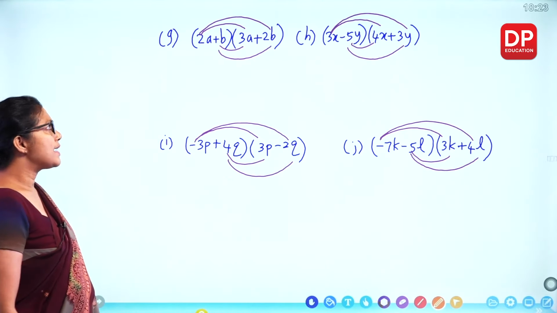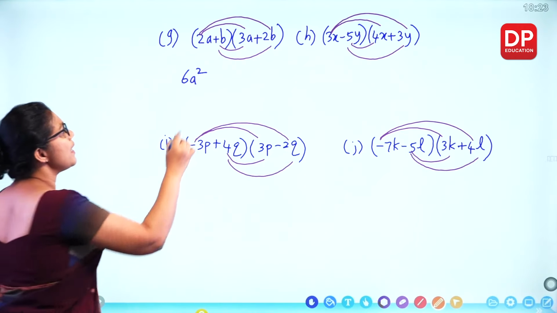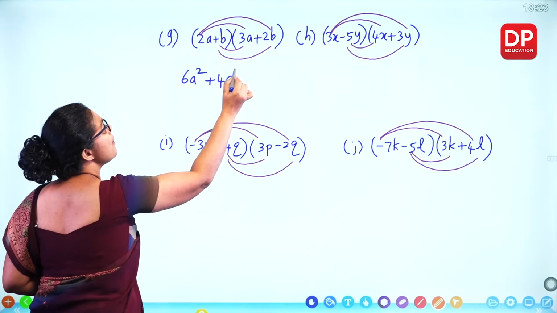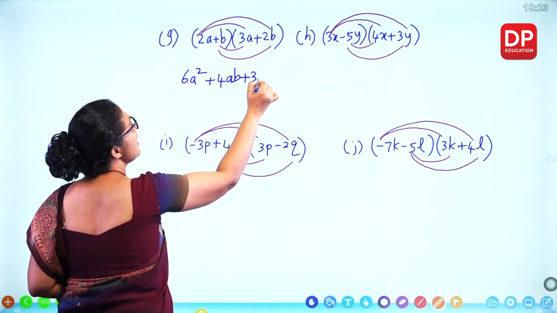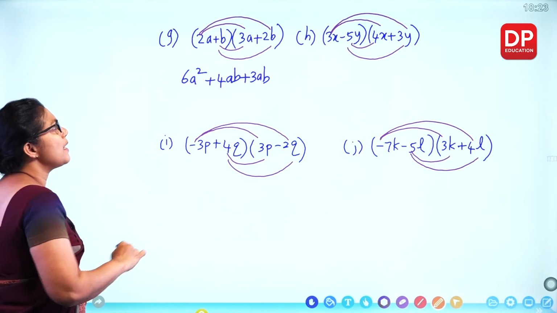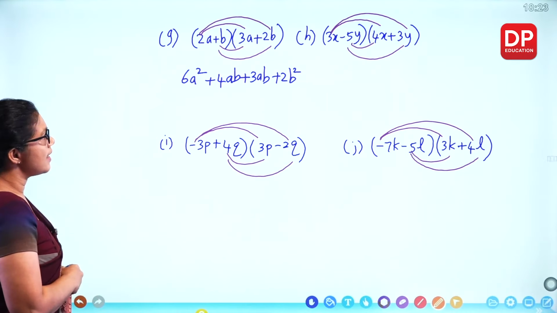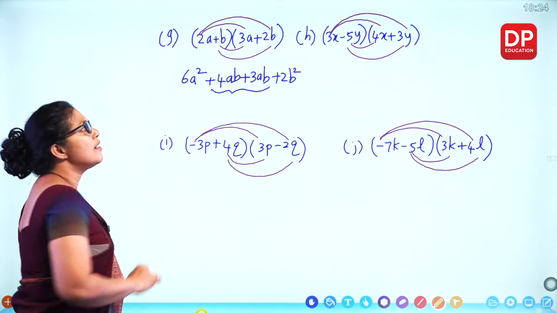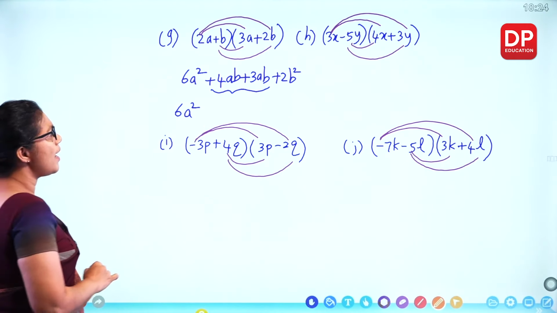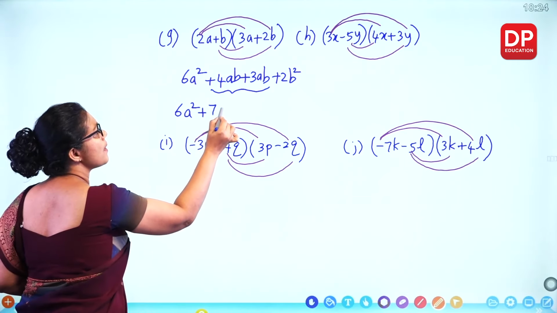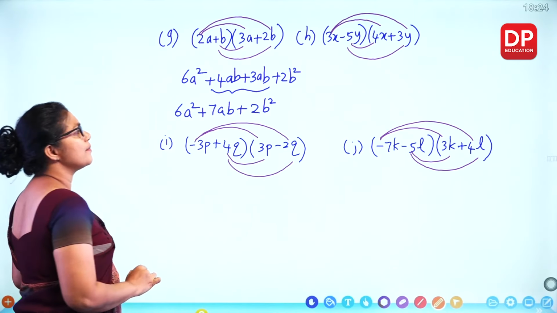So you get 2a times 3a, you get 6a squared. 2a times 2b, you get 4ab plus b times 3a, 3ab. b times 2b plus 2b squared. Now see whether there are like terms. Yes, these two are like terms. You can simplify further. So you will get 6a squared plus 4 and plus 3 becomes plus 7ab. And then you will get 2b squared.